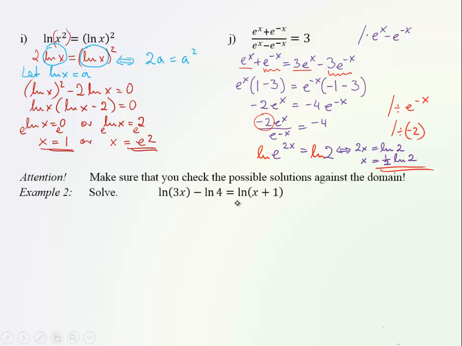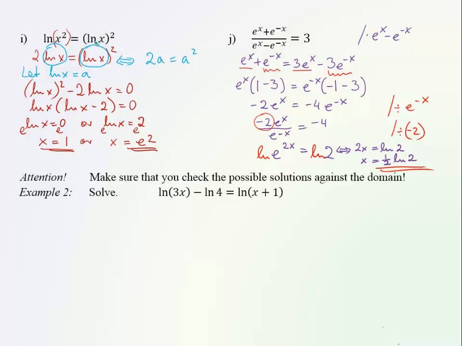And here we have another equation to solve, but this example will show us that it's very important to check the possible solutions against the domain. So like in previous questions, we've got, for example, here two solutions, 1 and e squared, but are these solutions in the domain of the original equation? Yes, they are, because they are positive.